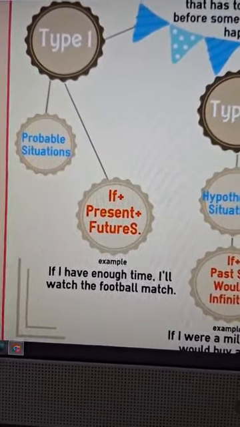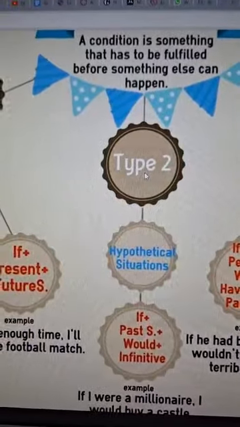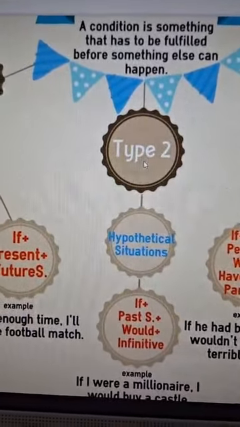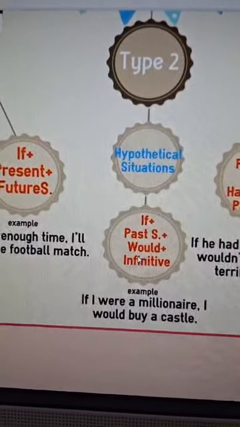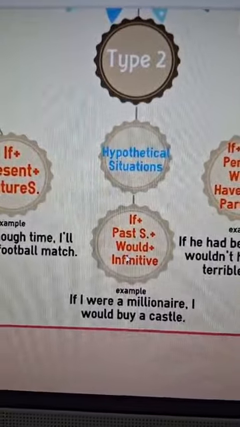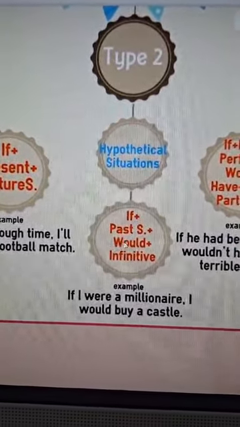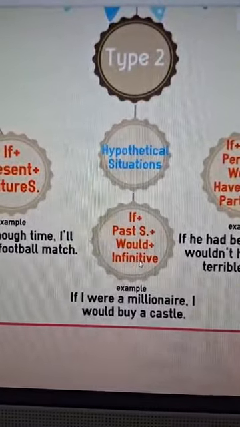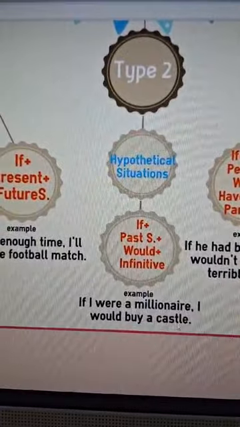Then type 2 is for hypothetical situations, or we call this one unreal situations. Again, here we give the formula, but as I mentioned, this is our last lesson. Before this lesson, we had several lessons about conditionals. If, past simple, would plus infinitive: if I were a millionaire, I would buy a castle.